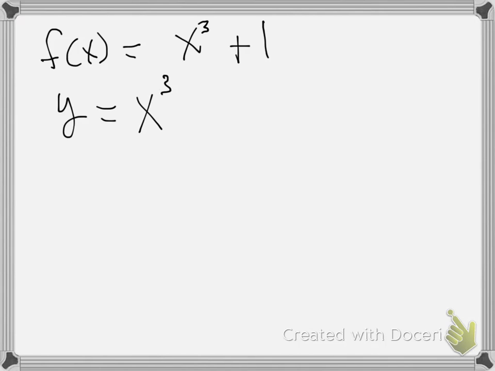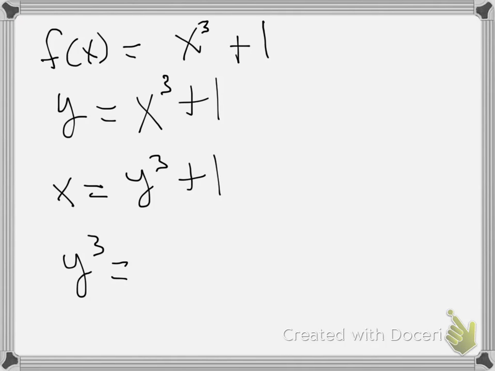Let's take a look at another one. Let's take a look at something just a little more fun. Something like f of x equals x cubed plus 1. Now, y equals x cubed plus 1, switch variables, x equals y cubed plus 1.